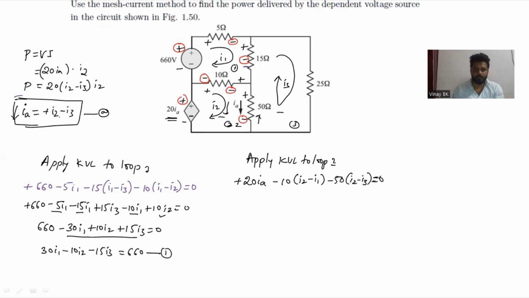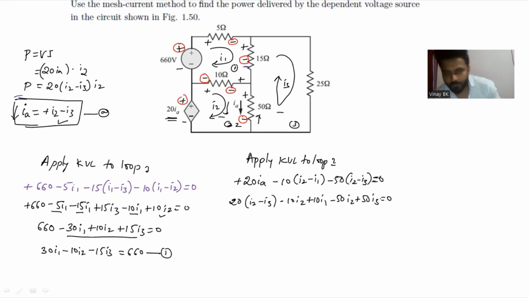But what is IA here? IA is nothing but I2 minus I3. I'll directly write here 20 into I2 minus I3, minus 10 I2 plus 10 I1, minus 50 I2 plus 50 I3 equals 0.